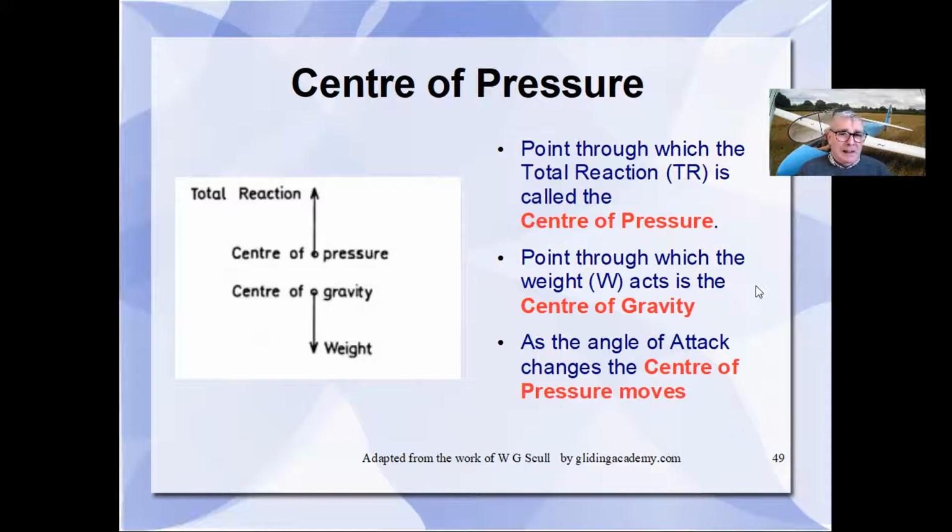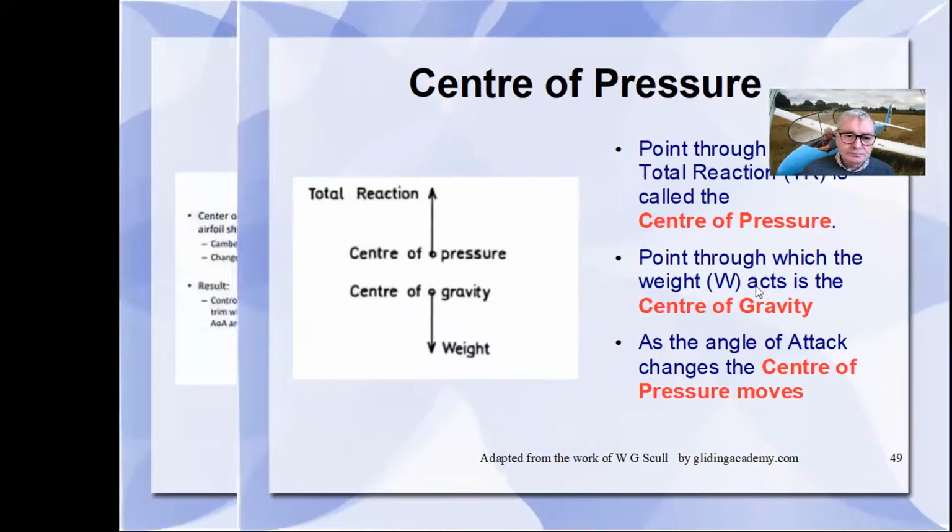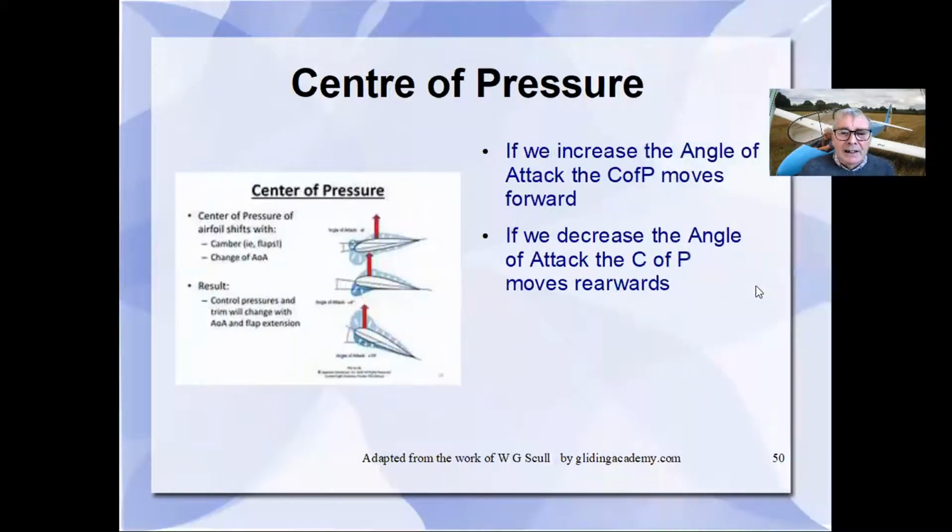The problem that we have here is that as we change the angle of attack, the center of pressure actually moves. If we increase the angle of attack, the center of pressure moves forward, as per this diagram, and if we decrease the angle of attack, then the center of pressure moves back.